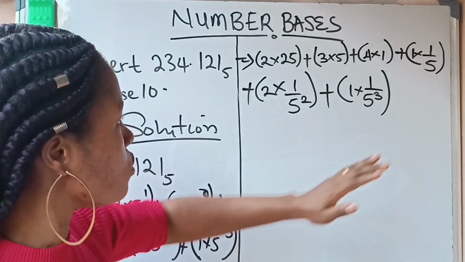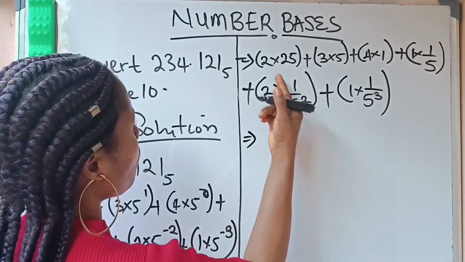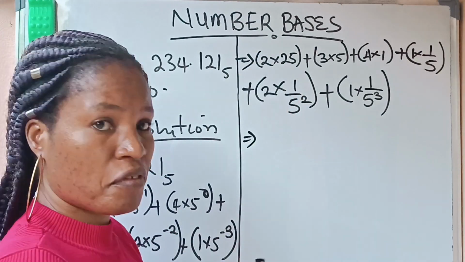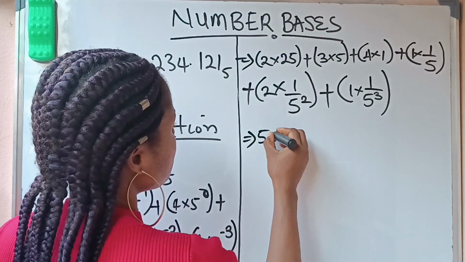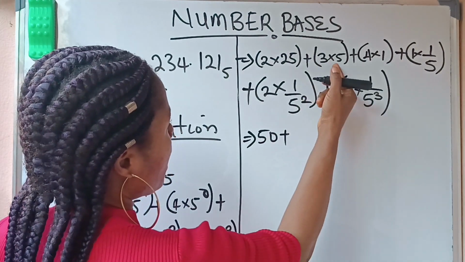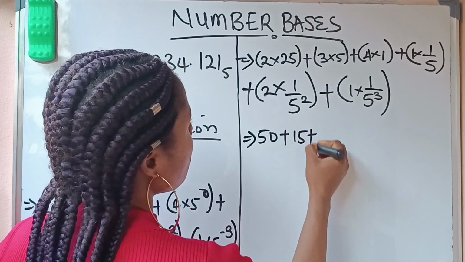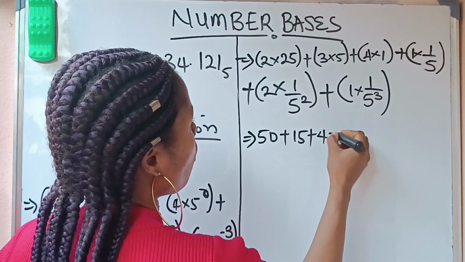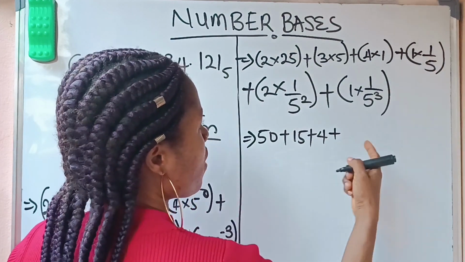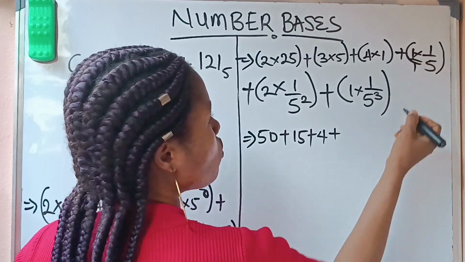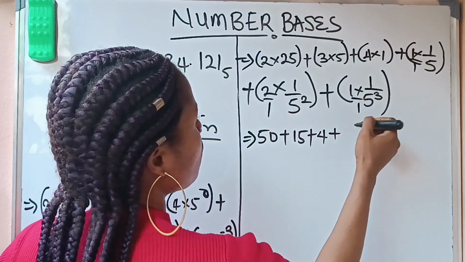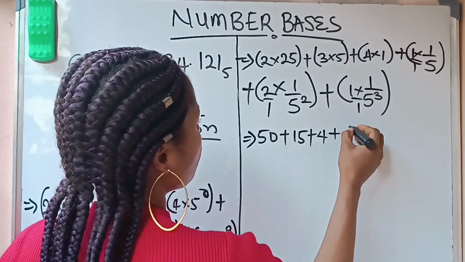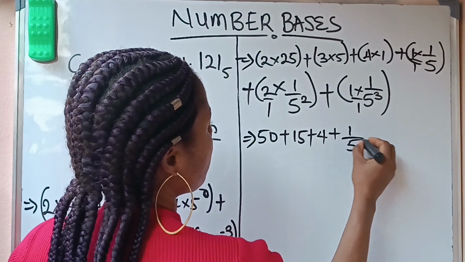Alright, let us continue. When you look at this now, 2 times 25 is 50, right? So you write your 50, plus 3 times 5 is 15, plus 4 times 1 is 4. Plus 1 times 1 over 5 is the same as 1 over 1 times 1 over 5, so 1 times 1 will give you 1 over 5.